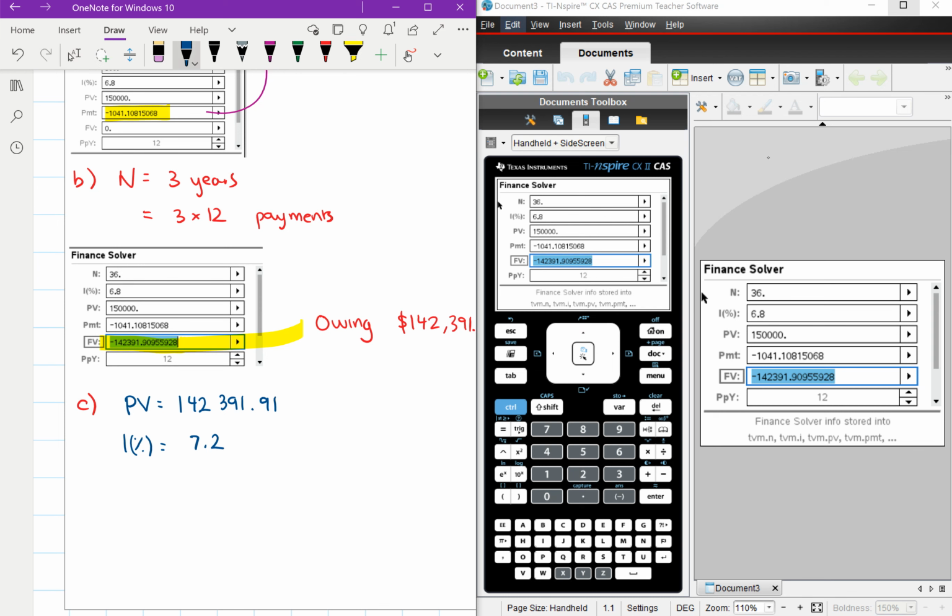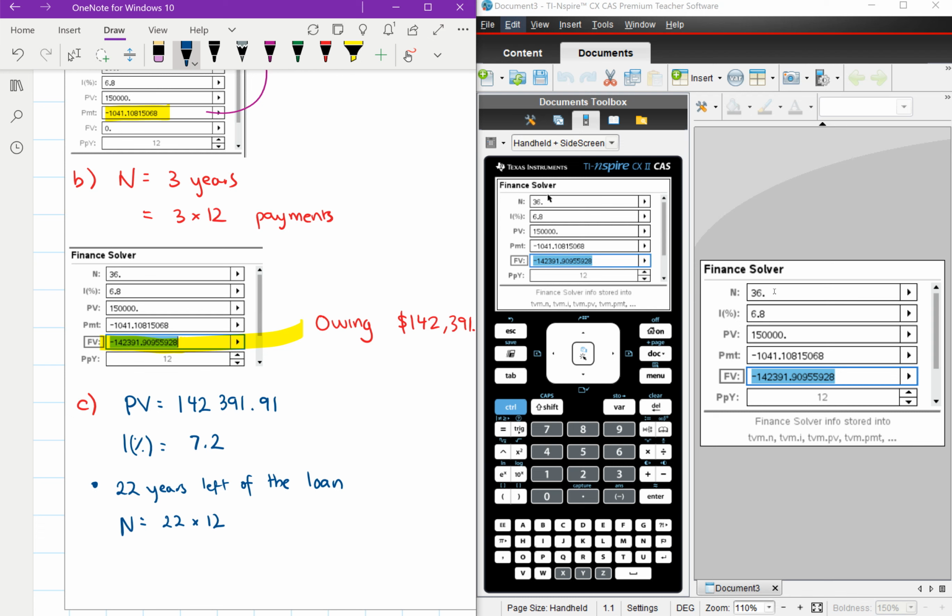Well, if I wanted to pay in 25 years, remember after the first 3 years, there's still 22 years left of the loan. So if there are 22 years left of the loan, then N will now equal 22 times the number of times you compound every year, which is 12.